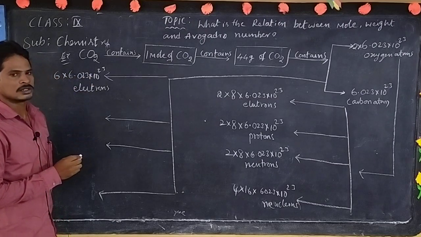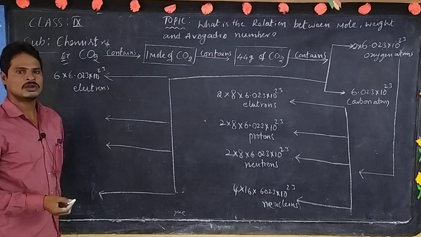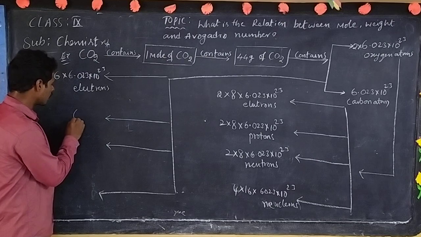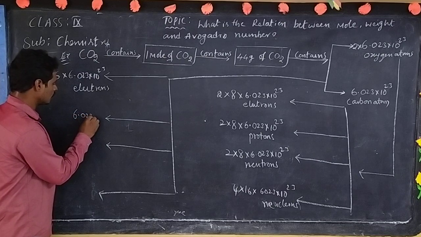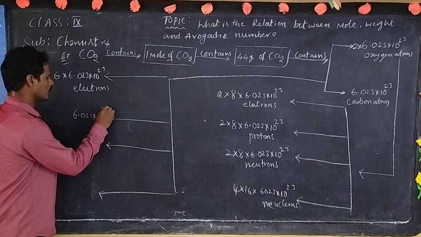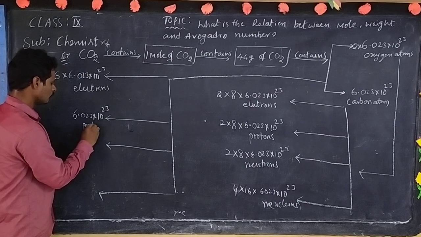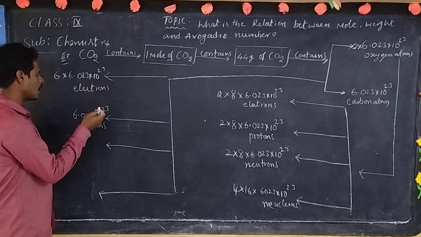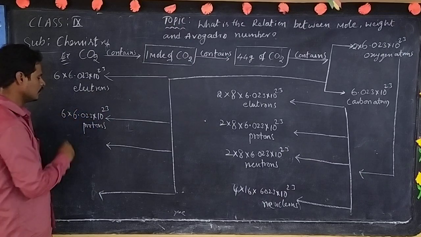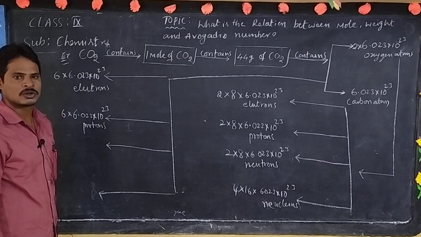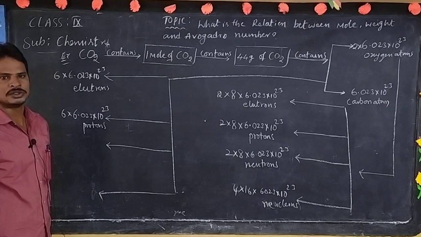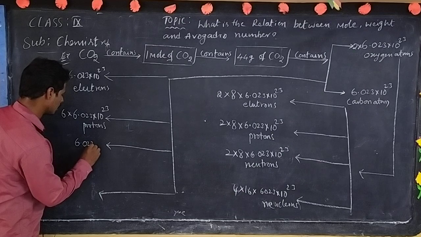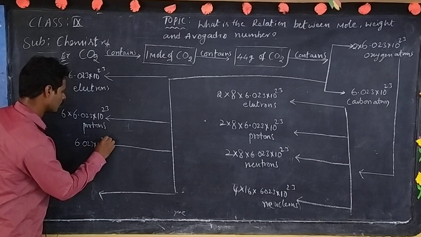Next, protons. Number of electrons equals number of protons. So 1 proton contains 6.023 into 10 to the power 23 protons. How many protons are present in carbon? 6 protons. That's why 6 into this one. Next, neutrons. Carbon contains 6 neutrons. 1 neutron equals this value, 6.023 into 10 to the power 23.